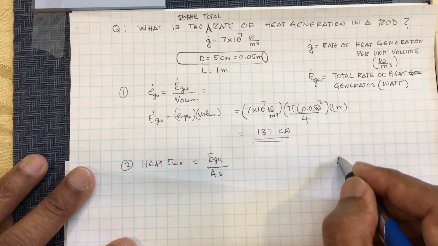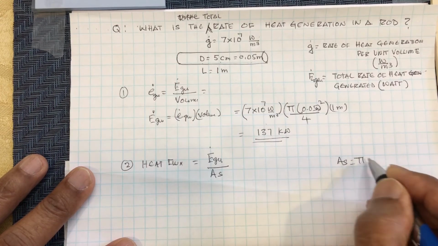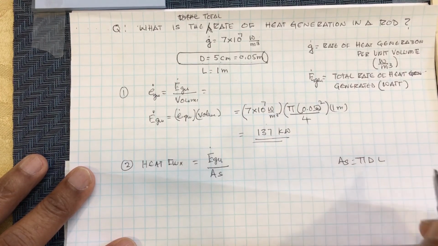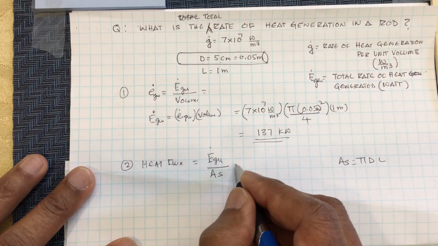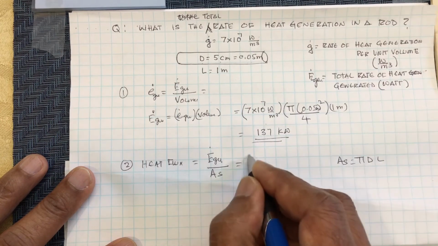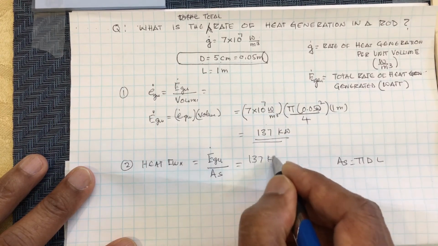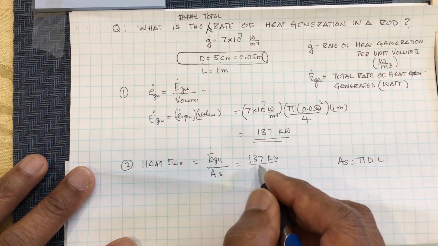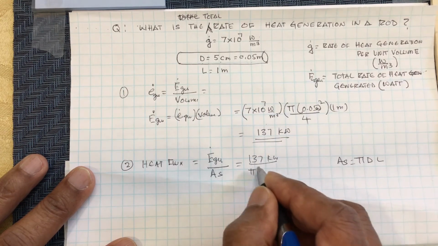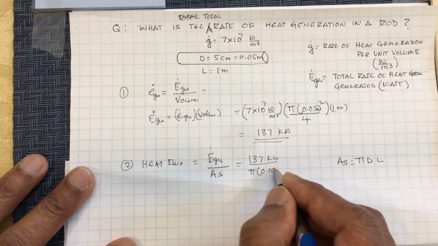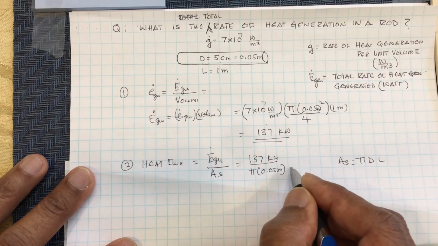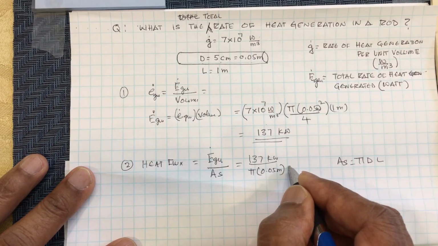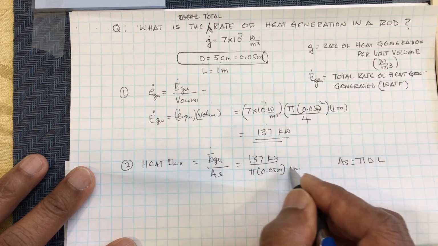The surface area of the rod is pi times diameter times length, pi d l. So you plug those values: 137 kilowatts divided by pi times 0.05 meters times the length, which is 1 meter.